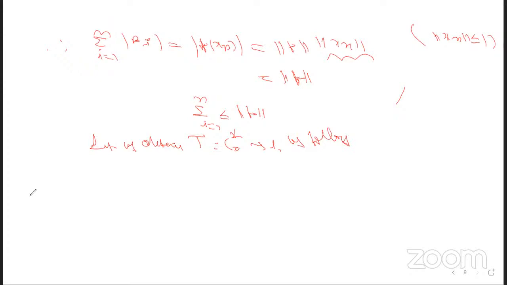By the definition of T, it is easy to verify that T is one-one, and linear. That means we need to show that T is onto. We need to prove that T is an onto function.